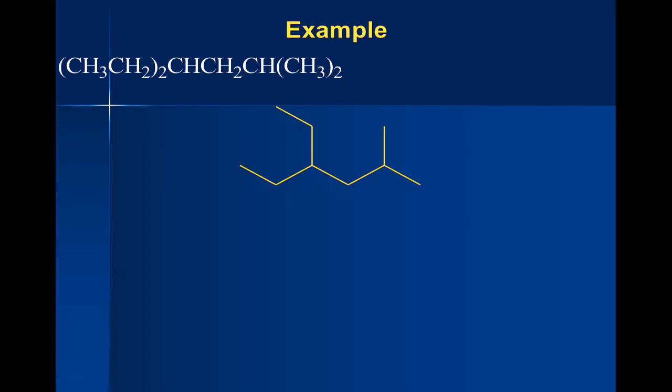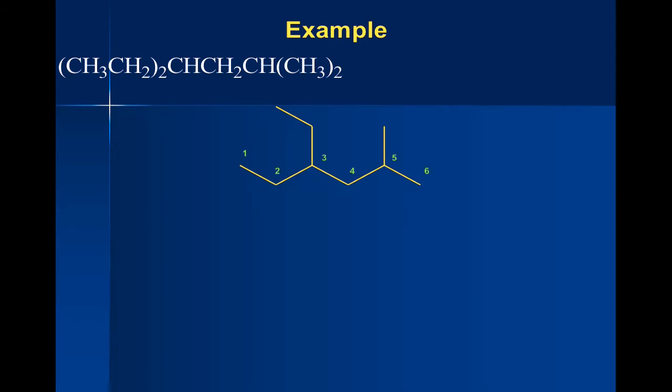But I can't go that way because that is only 5 carbons. So what's the parent? It's a hex parent. It's a hexane molecule, right? So I've just circled it. What substituents do I have? I have a methyl group, yes, and an ethyl group, right?